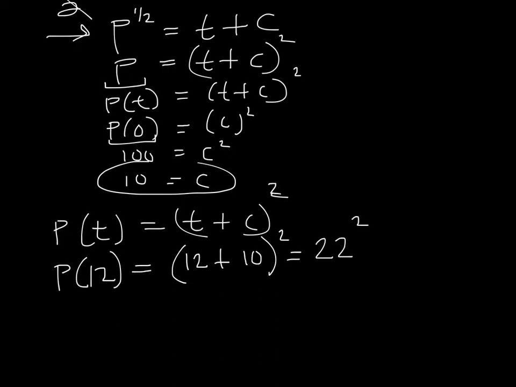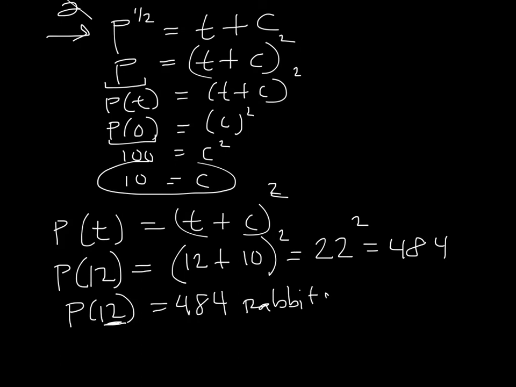If you multiply that out, we get 484. So P of 12 is 484. Does that answer the question? How many rabbits will there be 1 year later? After 1 year, we're going to have 484 rabbits. So that's it for this problem.